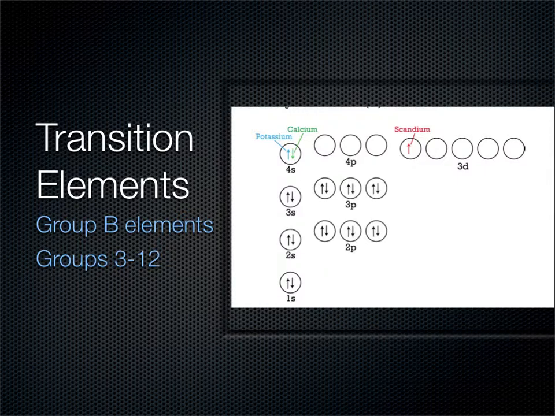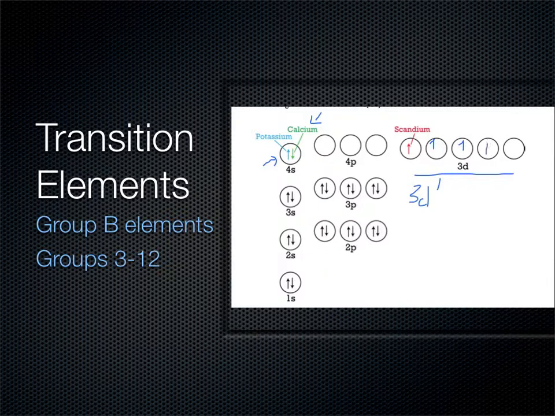And what's happening in these is we're starting to fill the D sublevel. Here, potassium would have filled the 4s1. Calcium, 4s2. And now we're going back, scandium is now filling 3d1. If we continue on the chart, titanium is going to fill here, and so on.